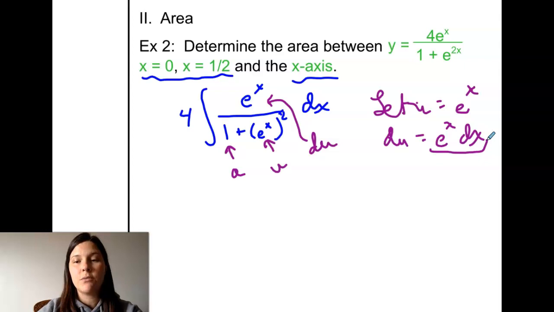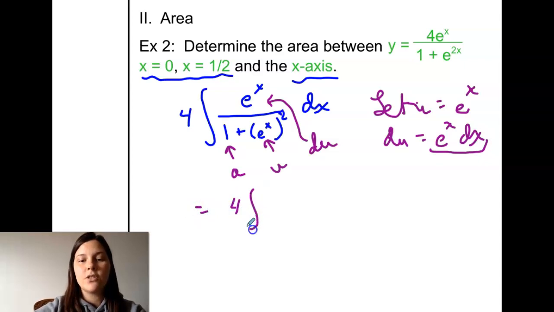All of that's going to be replaced with du, and we're going to put that u in the denominator for e to the x. Still have that coefficient. We've got du in the numerator, or you can put a 1 there with that du on the outside like I normally do, and 1 plus u squared in the denominator. This is our arctan pattern as we are integrating.